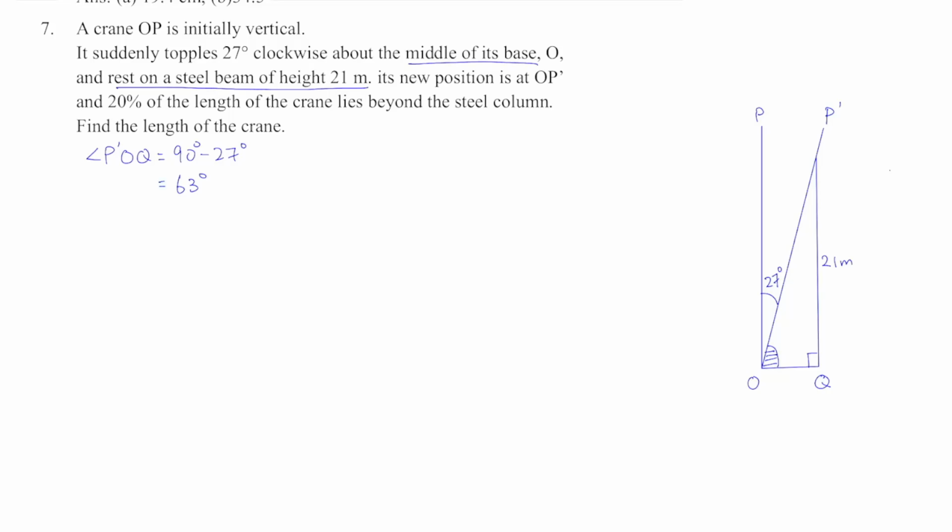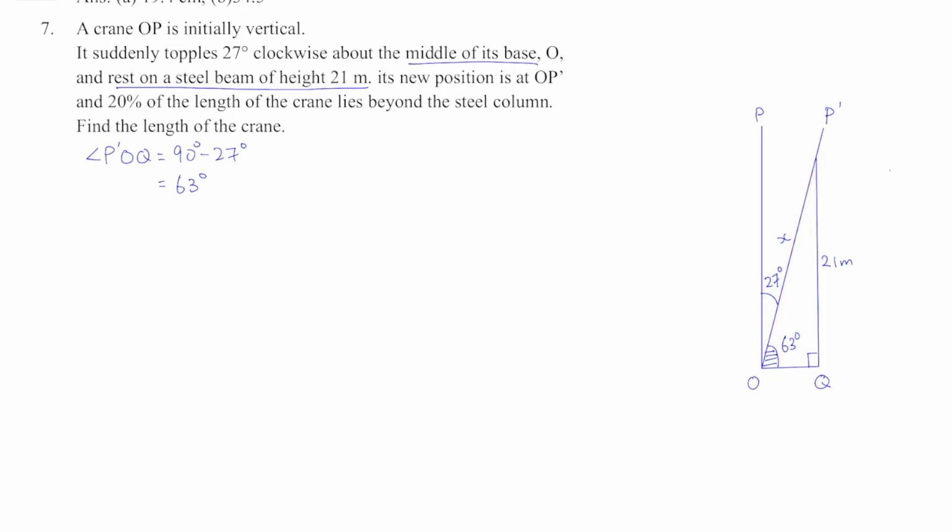Then next I am supposed to find this line, right? And I have this angle. Wait, let me put everything inside. I'm supposed to find x. Okay, let's find x. X is this portion over here, right?